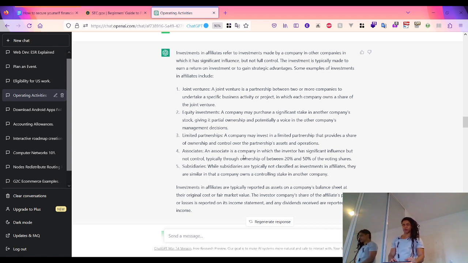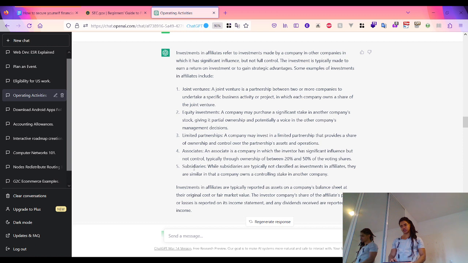So an associate has significant influence but not control, typically through ownership of between 20 and 50% of the voting shares.